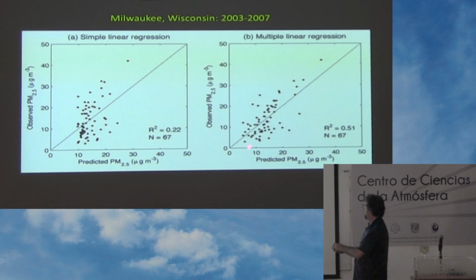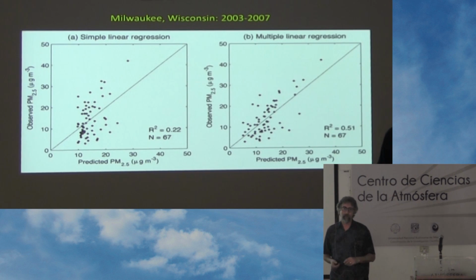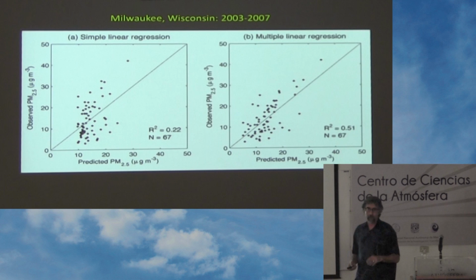Here is the same graph with the same set of observed PM2.5 measurements, but using the multiple regression model, including the Lagrangian predictors. And you can see that the model improves a lot. With the R squared of 0.5, that corresponds to a correlation coefficient of 0.7, which is not bad in the world of air pollution.